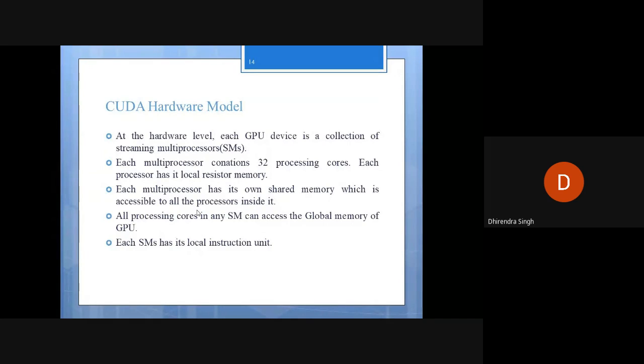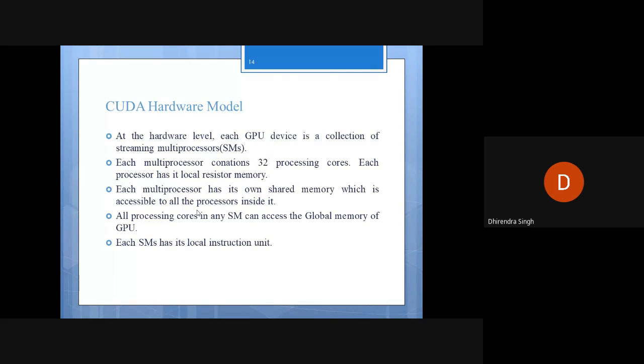Whenever a processor accesses the global memory, it will take more cycles as compared to accessing the shared memory. So that's why it's a good idea to copy the data which is accessed continuously by a set of threads into the shared memory.